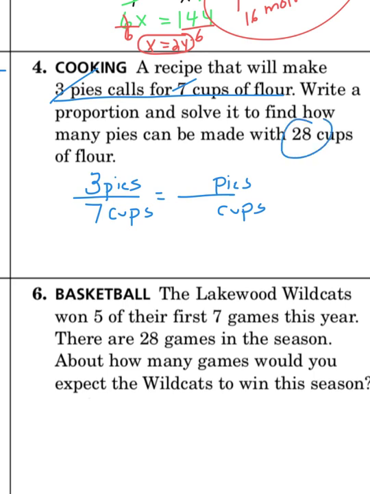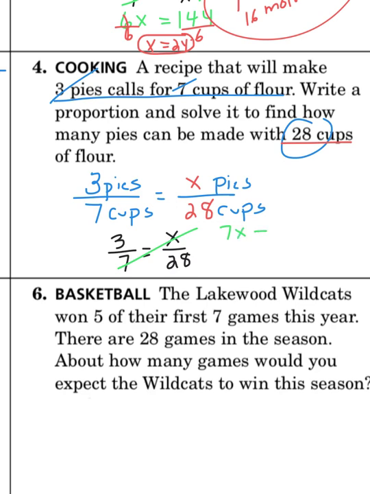Well, where am I going to put that 28? By the pies or by the cups? Well, it says 28 cups. So I'll put it right here. 28 cups. There I go. There's my proportion. It's going to be 3 over 7 equals x over 28. So there's my 7 and my x.